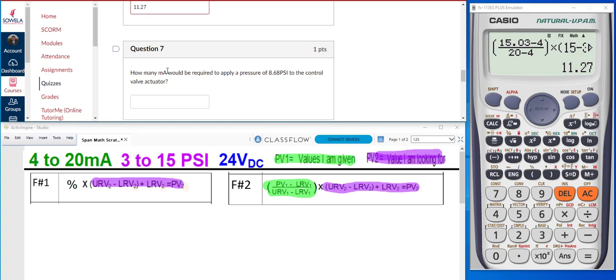Number 7. How many milliamps would be required to apply a pressure of 8.86 PSI? So now I'm looking for milliamps. So I'm going to open parentheses, hit over under. I'm given a PSI. So I put all my PSI numbers in parentheses to start with.